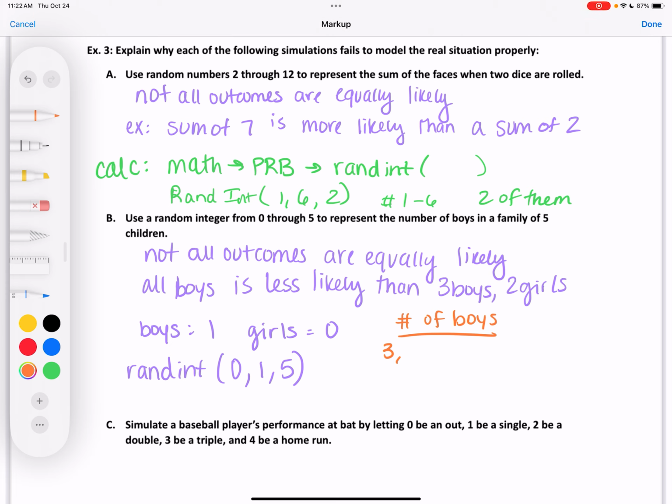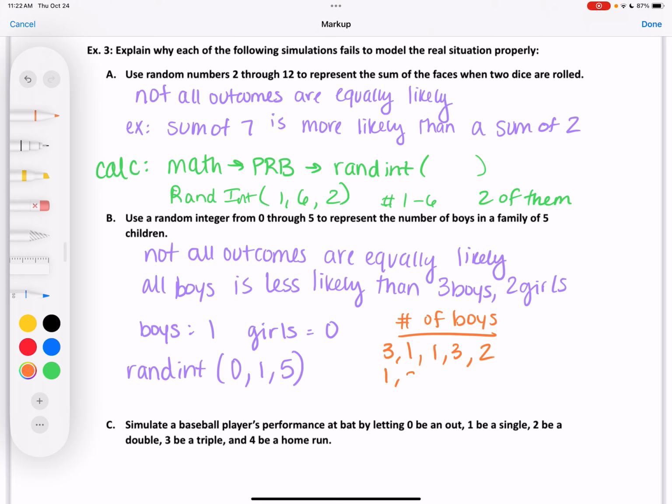Run it again. I only got 1 boy. I got 1 again. I got 3 that time. I got 2 that time. And I'm going to run 20, so I've a fourth of the way there. I got 1.